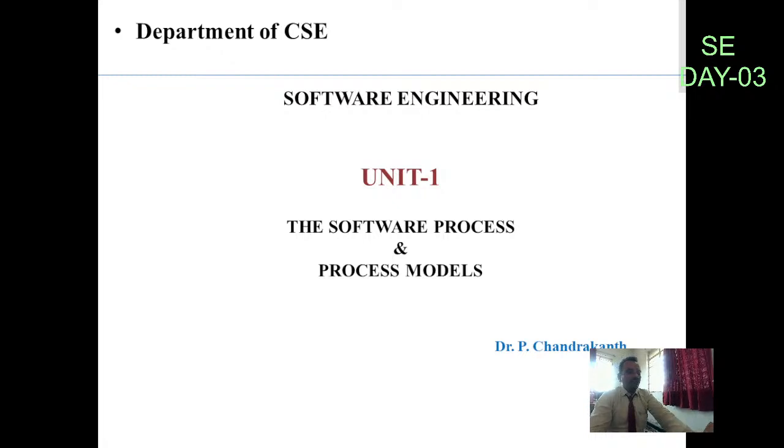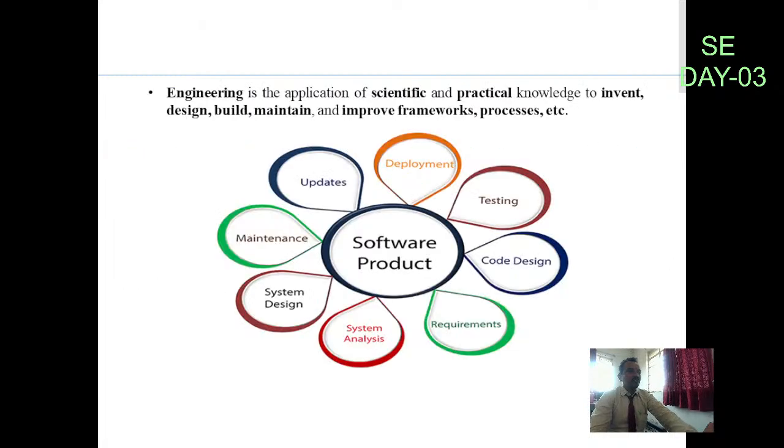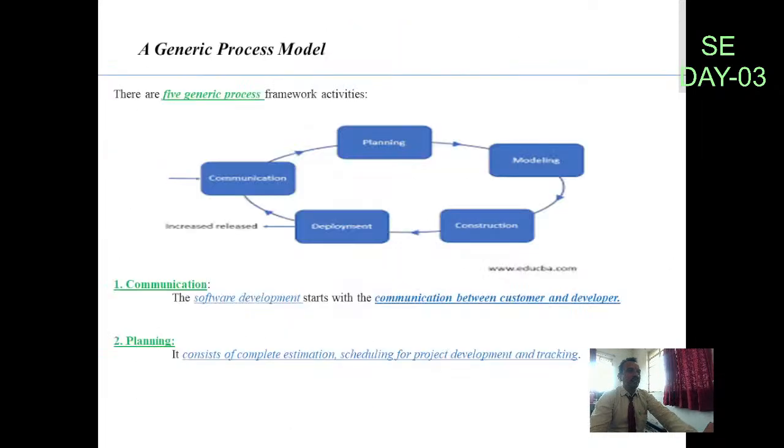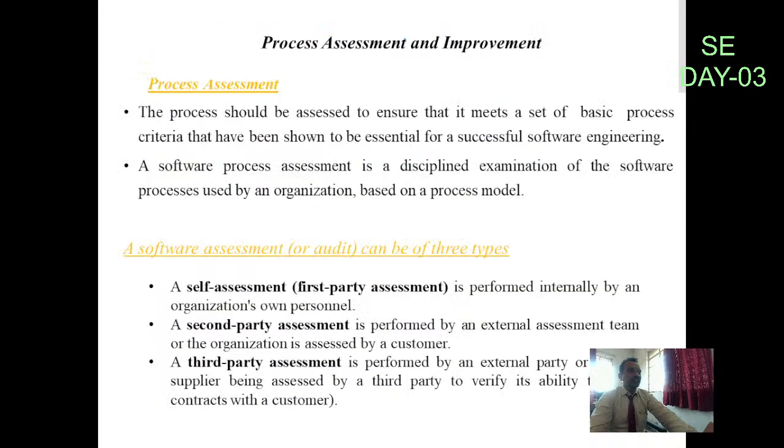In last session, we will discuss about the process assessment and improvement recording details. In that, we will discuss about the basics and words: what is process assessment, how to define software process assessment, and what are the different categories involved in it.